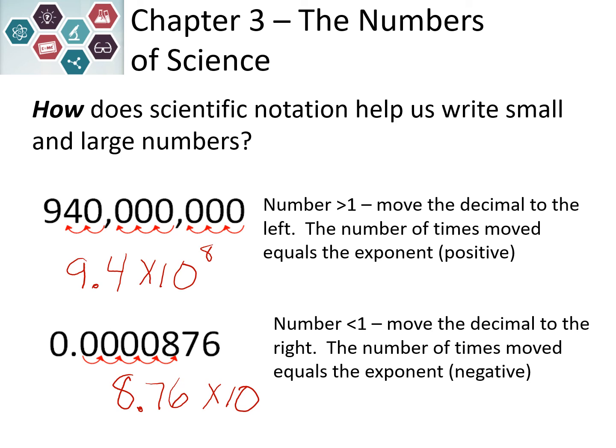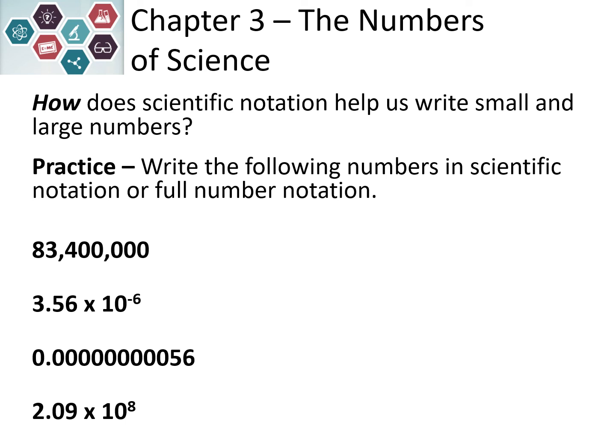Because we went to the right and it's less than 1, it becomes a negative. See if you can put these into scientific notation. Pause the video and put in scientific notation or write it out into the expanded full number notation.